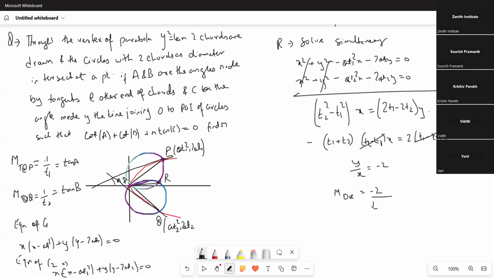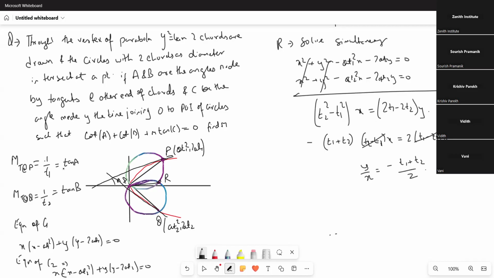नहीं उल्टा हो गया ना. चेक, सॉरी, उल्टा हो गया. y by x would be minus of (t1 plus t2) by 2.